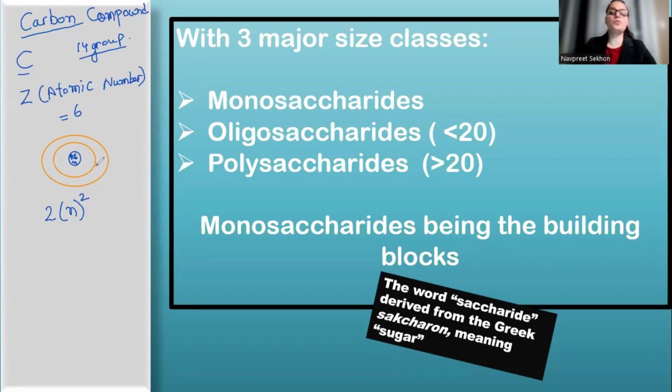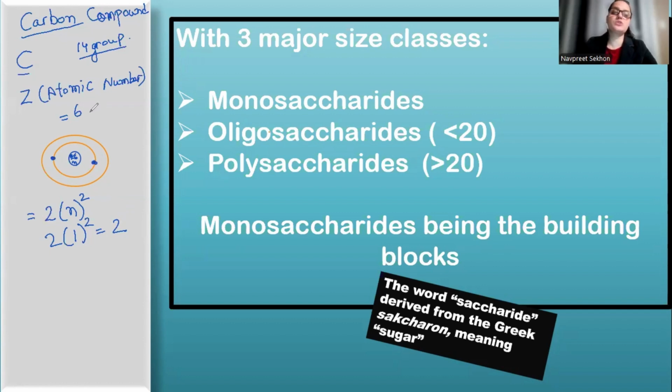N is the number of the shell for which we are trying to find the maximum number of electrons which can be accommodated. So if this is the first shell, we put in the formula the number 1. So it means in the first shell, only 2 electrons can be accommodated.